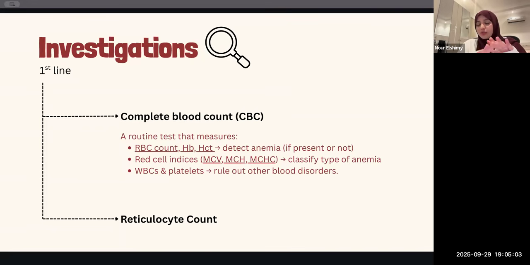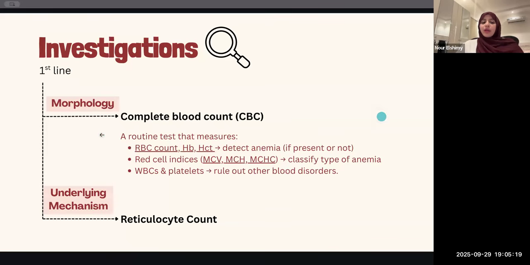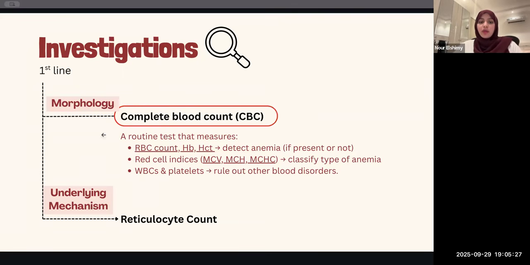We're going to talk about each and every single one of those, but don't worry. Now, white blood cells and platelets really shouldn't be our concern for today. It's not really relevant to anemia or red blood cells, so we're not going to talk about this much. And again, for morphology, we do complete blood count, and for underlying mechanism, it is the reticulocyte count.